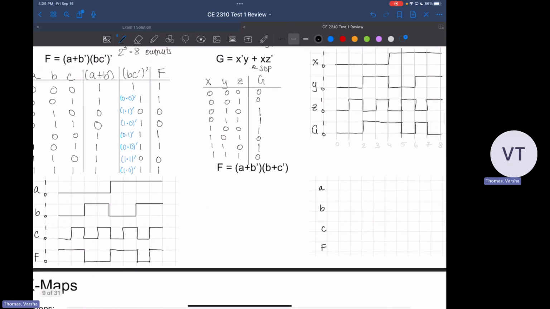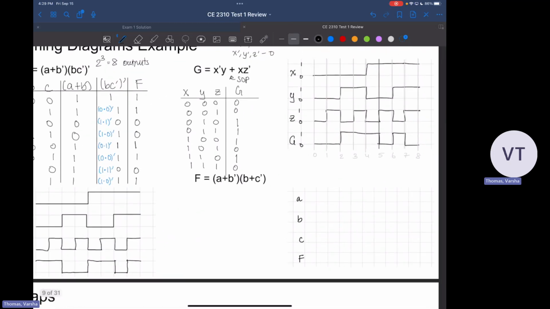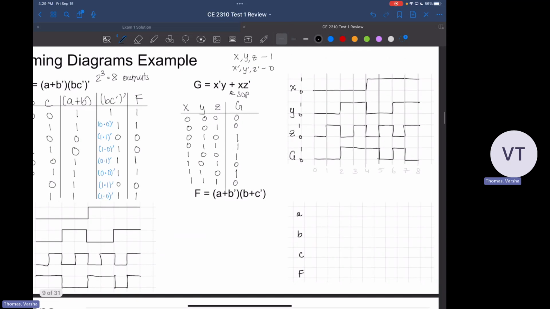Okay, so moving on to our third example. I'm going to apply that same little shortcut logic where I recognize that this is a product of sum equation, which means my inputs A, B, and C are going to have a value of 0, and A naught, B naught, C naught are going to have a value of 1.